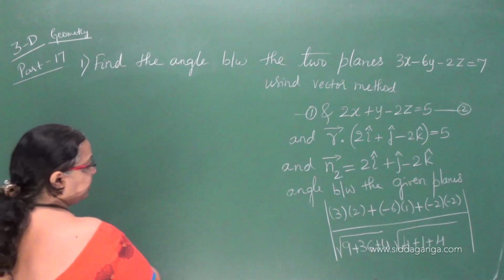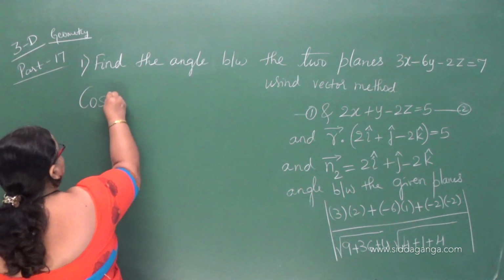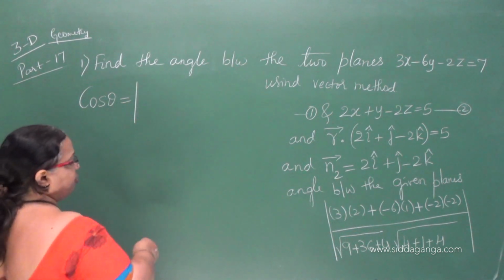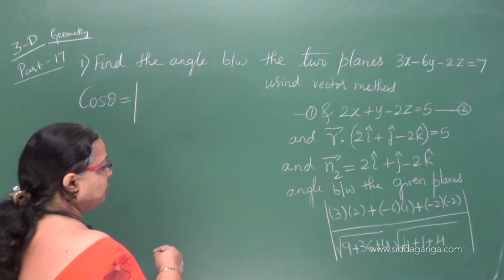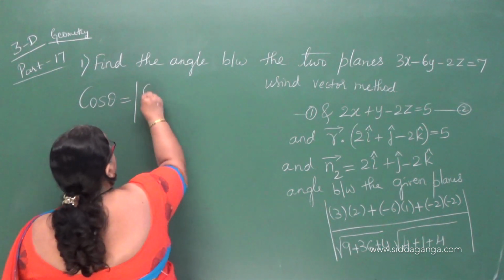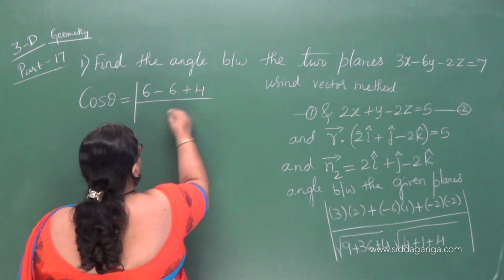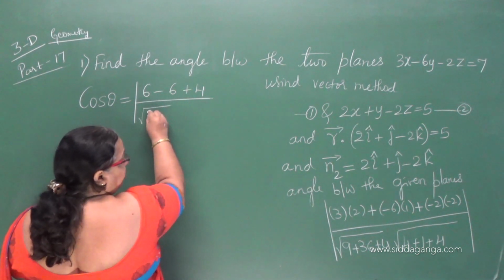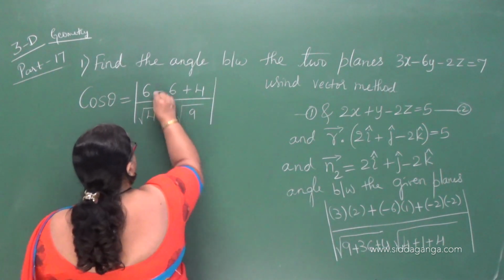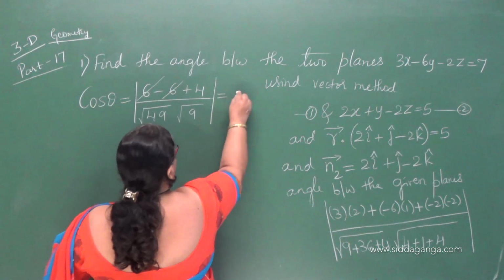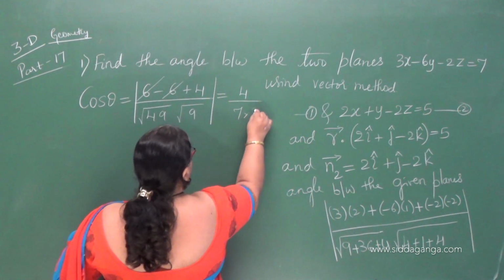So cos theta is equal to modulus of 6 minus 6 minus into minus plus 4 divided by root 49 into root 9 plus 6 minus 6 cancel, 4 divided by 7 into 3.